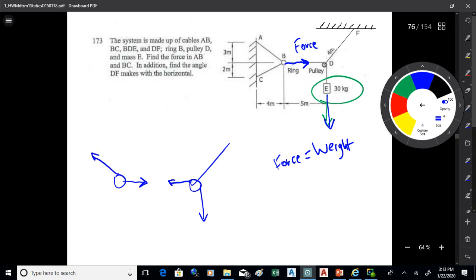You look at the object that you're creating a free body diagram of to determine the direction of the forces. So that cable from B to D is pulling, and so it pulls to the left on the pulley, it pulls to the right on the ring. So you'll end up with free body diagrams that look like that. You'll need to find these angles and then just go ahead and do the same sort of thing that we just did.